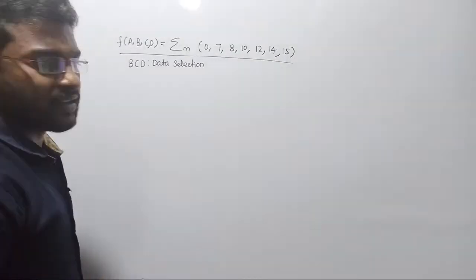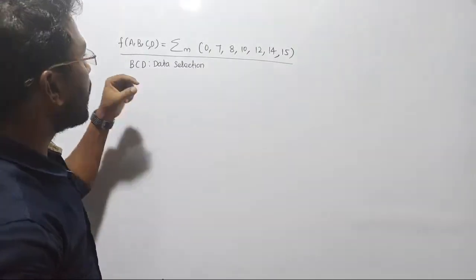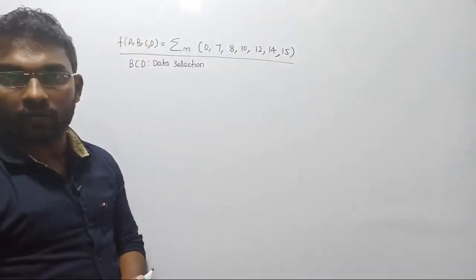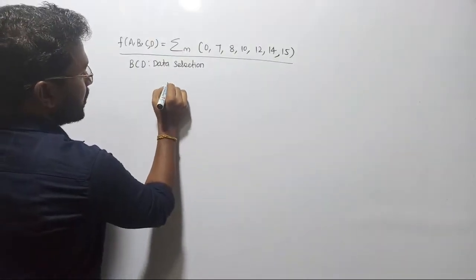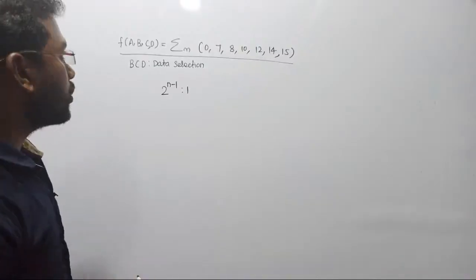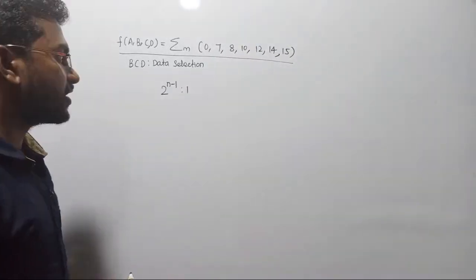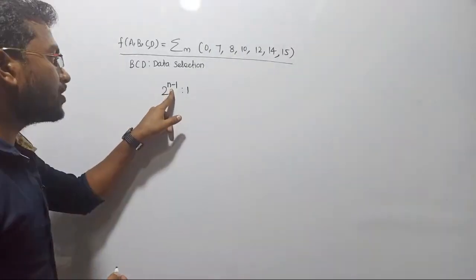And the next thing is, first tell me what type of multiplexer should be required in order to achieve the desired output for the given Boolean variables, right? Let's see how to realize that. I have written the relation: 2 power n minus 1 cross 1 multiplexer should be required to implement the given Boolean variables. So in 2 power n minus 1, n is the number of variables we should consider.